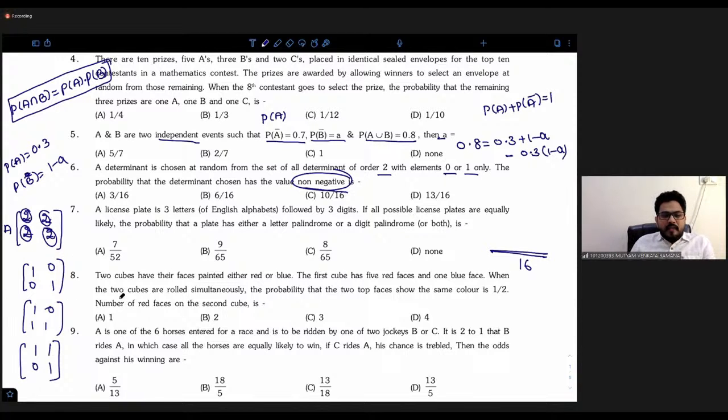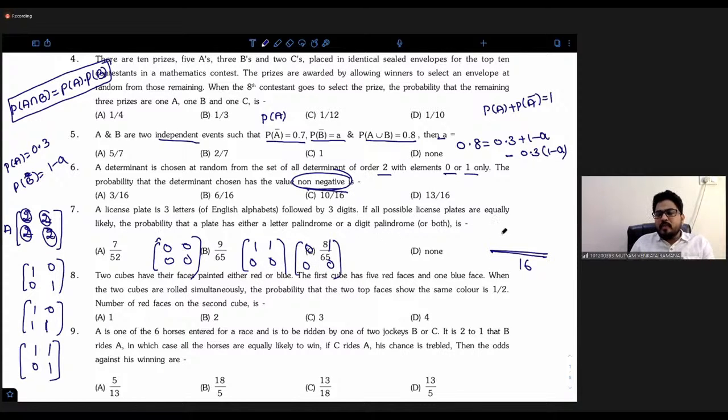Apart from this one, anything you take, because the principal diagonal element should be... Oh, non-negative. So 0 is possible. So 0 is possible means 0, 0 you can add from here, and 1, 0, 1, 0 you can take, 0, 1, 1, 0 you can take this one.